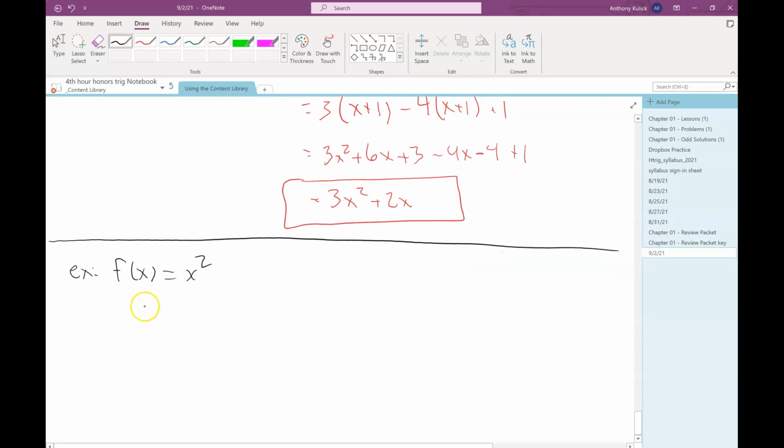And say we're going to shift up 3, then vertical stretch by a factor of 2.